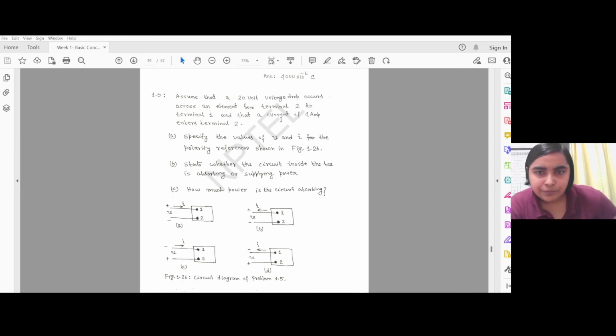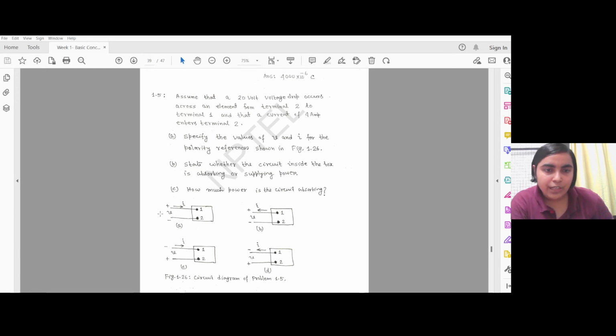Now current of 4 ampere enters terminal 2. That is to say current direction is in this direction, coming away from the battery since it is entering this terminal 2. So you have to specify the values of V and I for the polarity difference as shown in this figure, for figure A, B, C and D respectively.